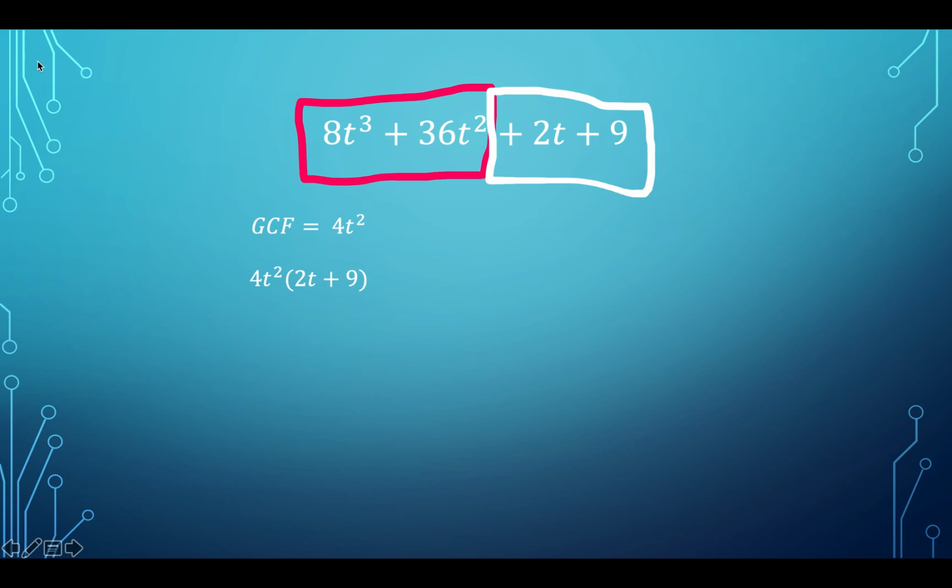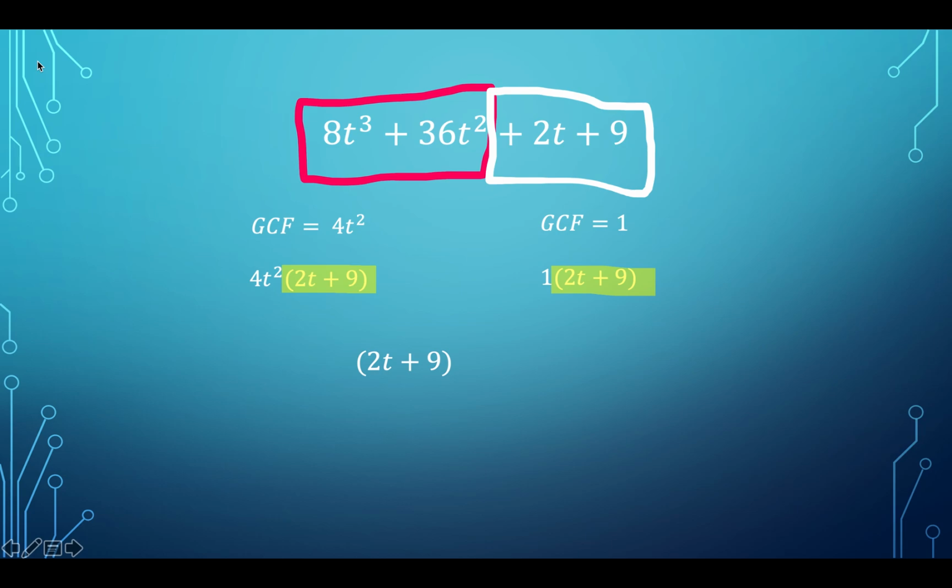Now we need to find the greatest common factor between 2t and 9. The greatest common factor is 1 here, right? It can't be 2. So we do 1 times 2t plus 9.